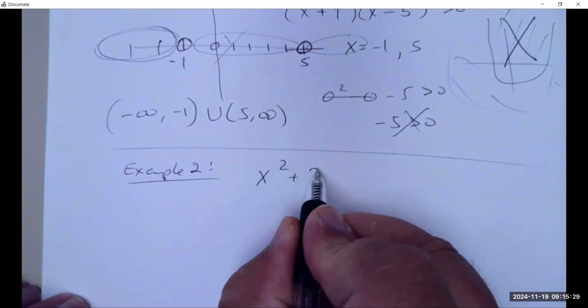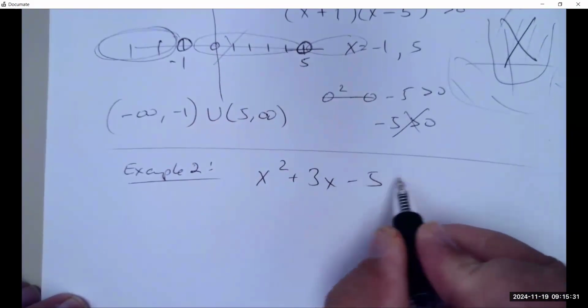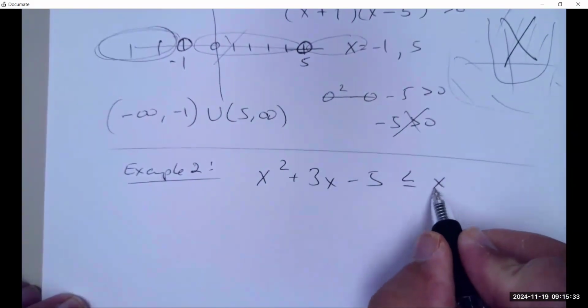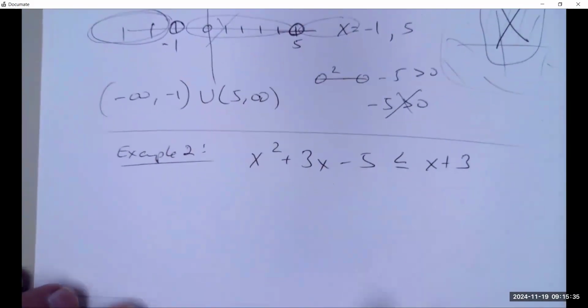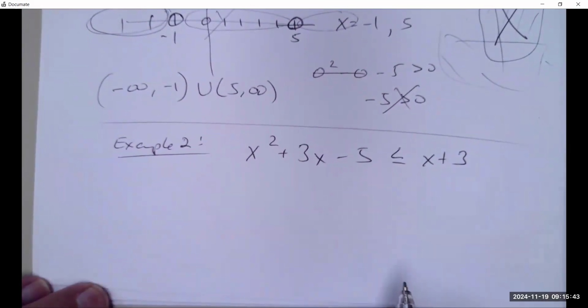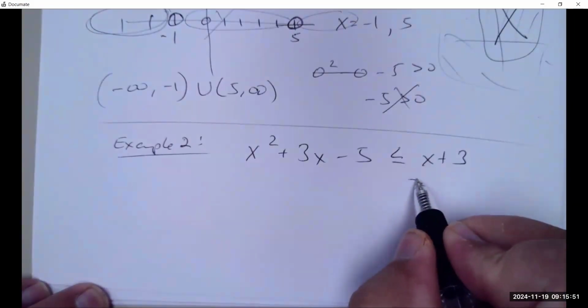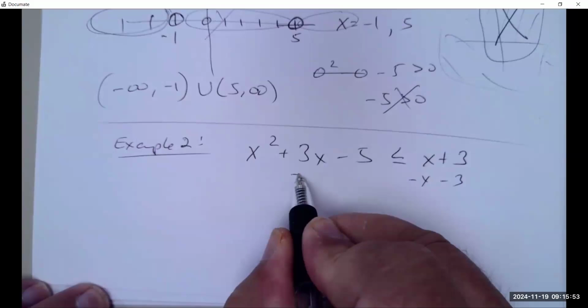x squared plus 3x minus 5 less than or equal to x plus 3. What do you have to do first? Set it equal to 0. Let's move over, subtract x and subtract 3 from both sides.